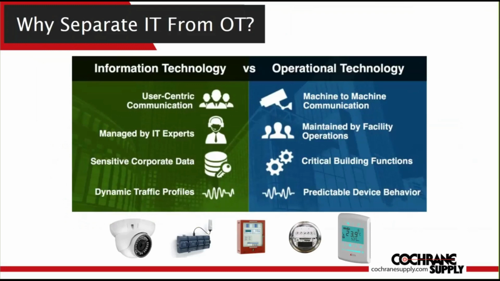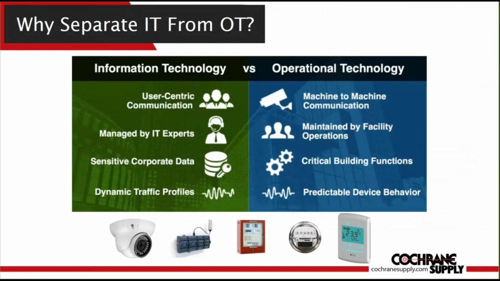So when you look at the two side by side here, there's a big difference between IT, or information technology, and OT. They behave entirely differently on a network. Operational technology, like I said before, is machine to machine communication. It is typically maintained by a facilities engineer, not by an IT professional. It is always associated with critical building functions, whether it's HVAC, lighting, power, energy.